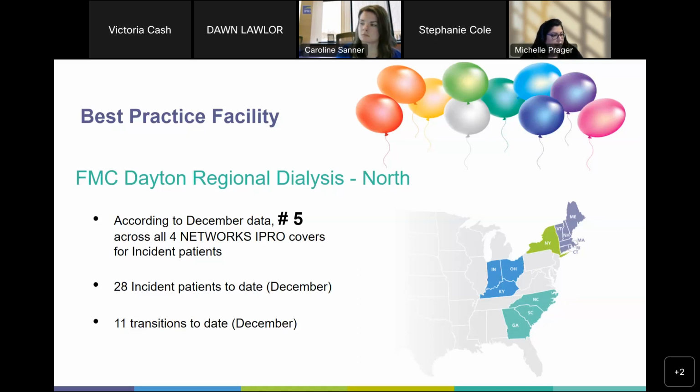They have started 28 patients May to December directly on home, and they've had 11 transitions to date since May through December.